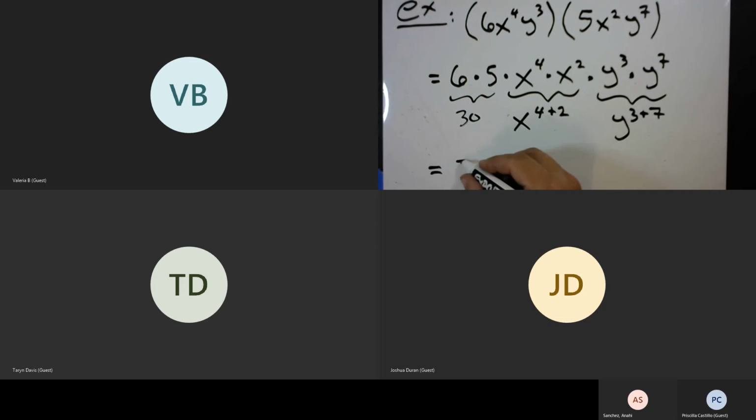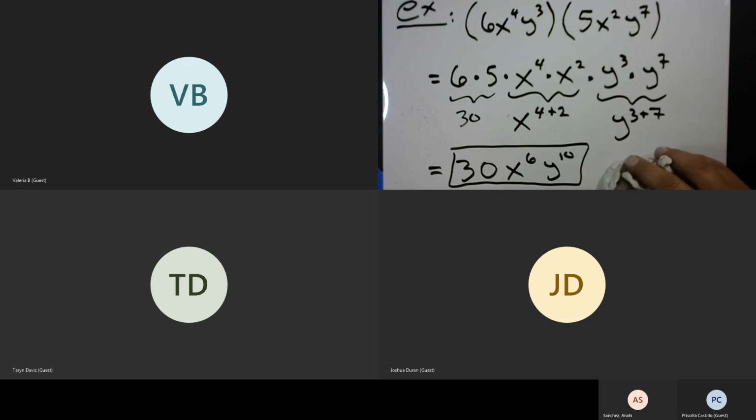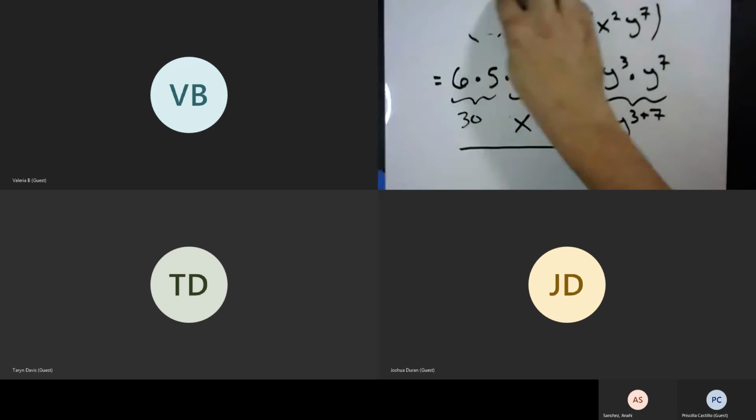So what we get is 30 x to the 6th y to the 10th. And that's going to be our answer. Any questions about that? All right. So that's how you use the product rule.